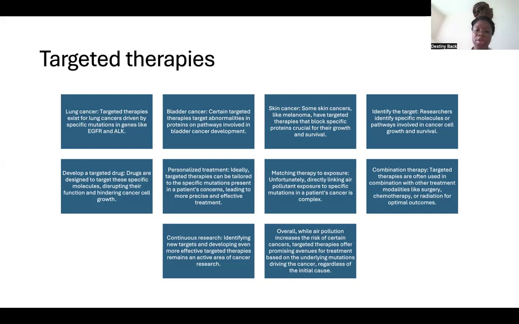Continuous research, identifying new targets and developing even more effective targeted therapies, remains an active area of cancer research. Overall, while air pollution increases the risk of certain cancers, targeted therapies offer promising avenues for treatment based on the underlying mutations driving the cancer, regardless of the initial cause.